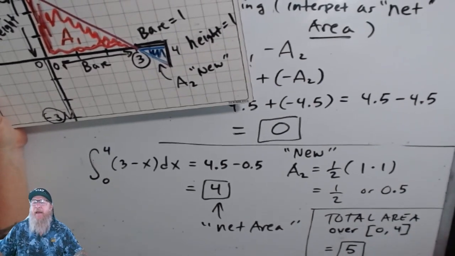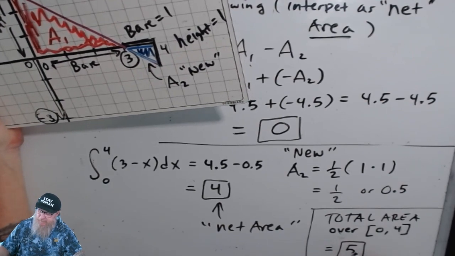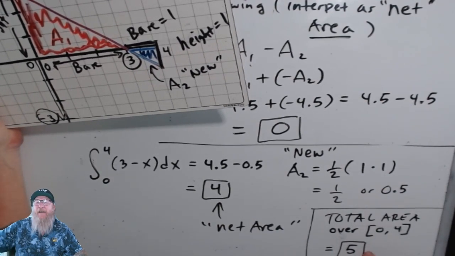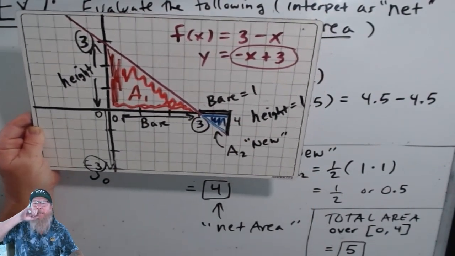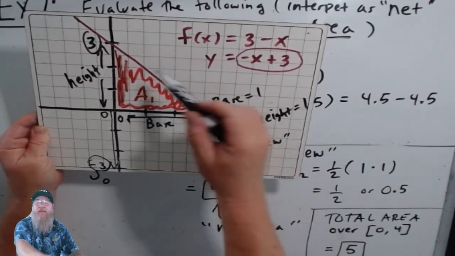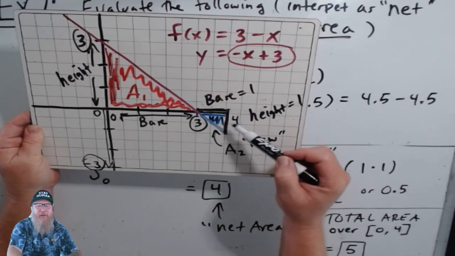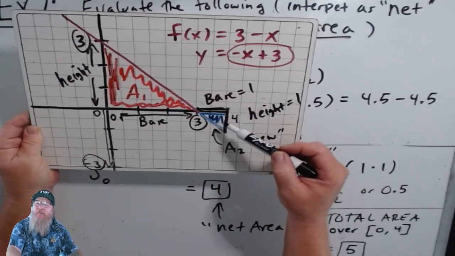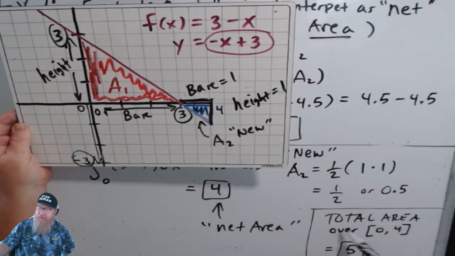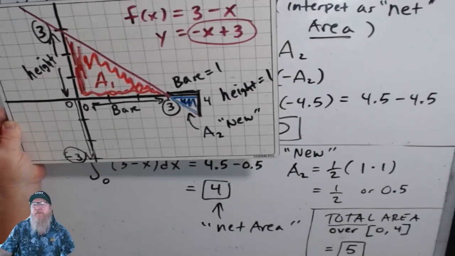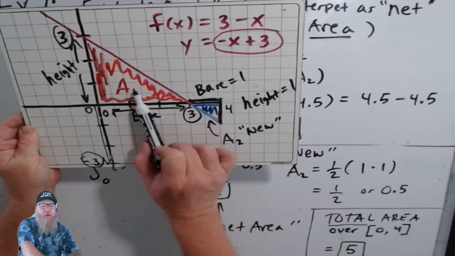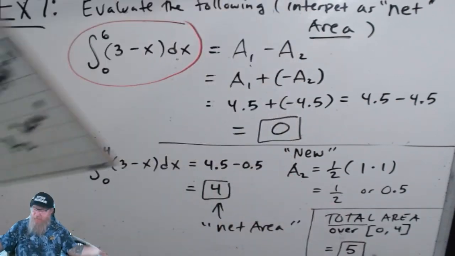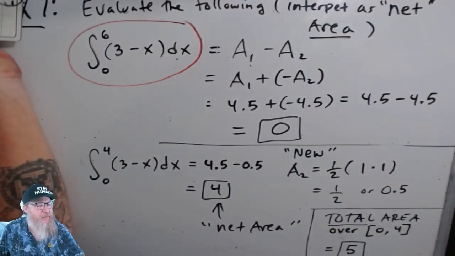I didn't even plan that, but 5 is the total area of this diagram, which makes sense, right? The red is 4.5. The blue is a half. If you're thinking of them as total or gross, actual, between 0 and 4, it would be 4.5 plus a half, which would give you a total area of 5.